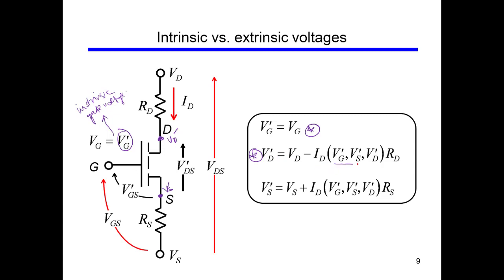So ID is a function of VG prime, VS prime and VD prime into RD, and VS prime is the voltage here. So it is equal to the voltage at this point plus the drop is in this direction, so we have to add. So it is equal to VS plus ID into RS.